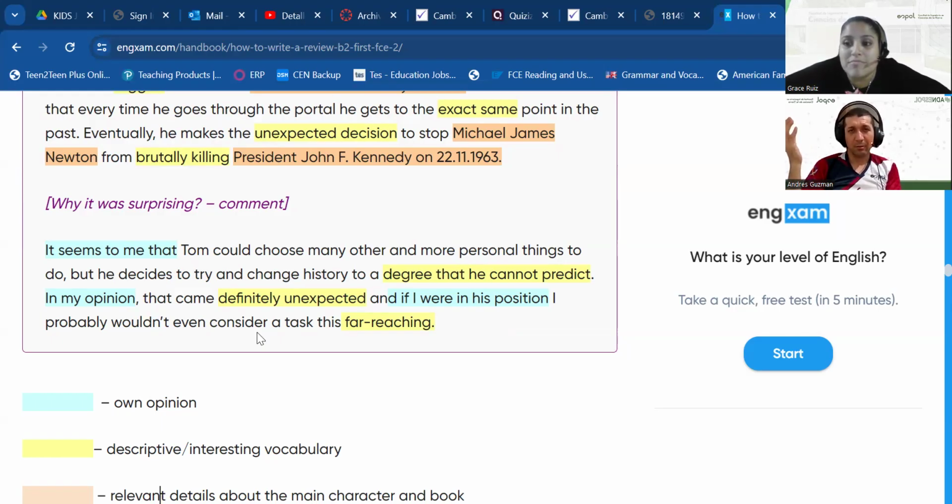Algo así como inalcanzable. Far-reaching, algo que conlleva mucho, porque dice que far-reaching, como que alcanza mucho más. Porque, a ver, John F. Kennedy no era cualquier presidente, ¿verdad? Sabemos que era uno de los demócratas, si no me equivoco, ¿verdad? Sí.